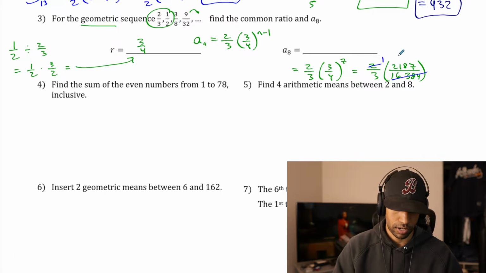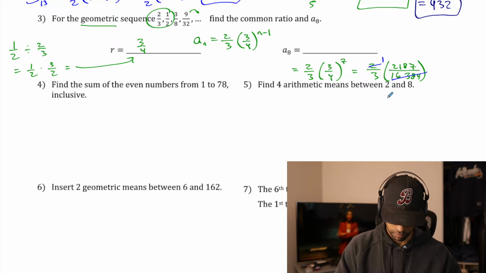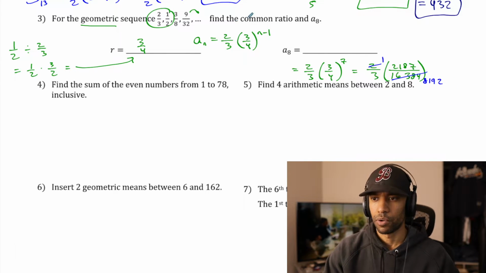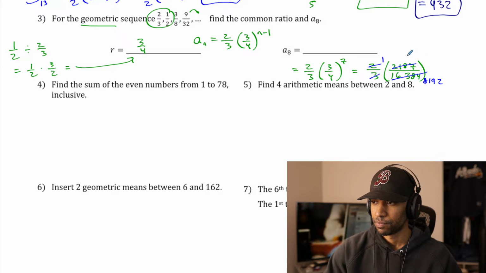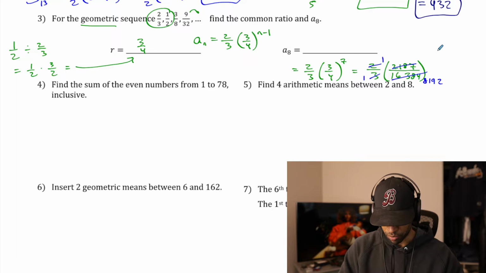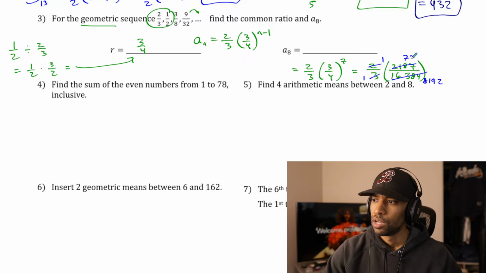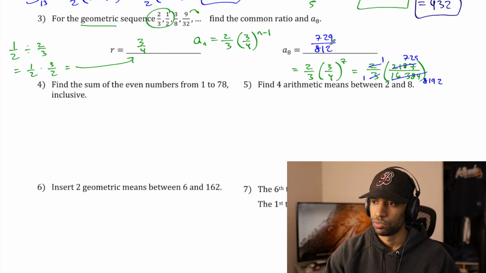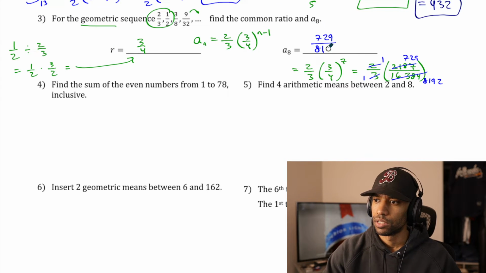So you get 1 over 8192. And then we can divide this here by 3, right? So that's over 1. And 2187 divided by 3, 729? Yeah, 729. So this ends up being 729 over 8192.